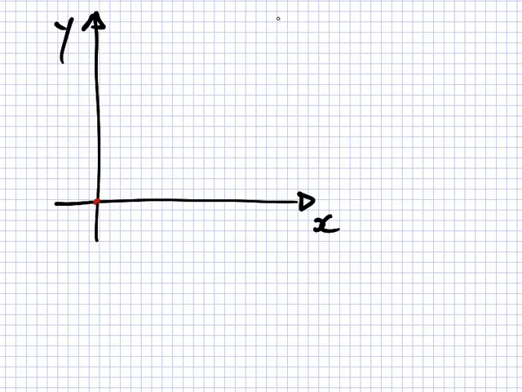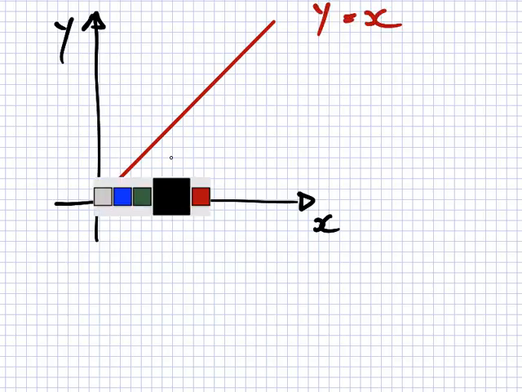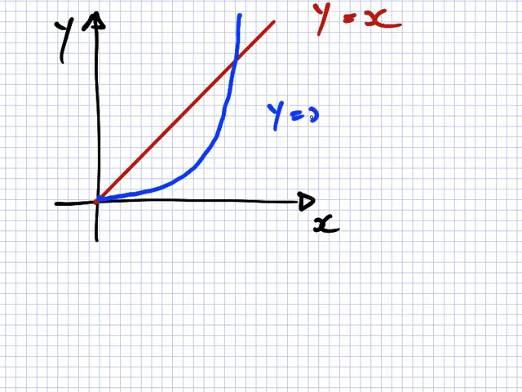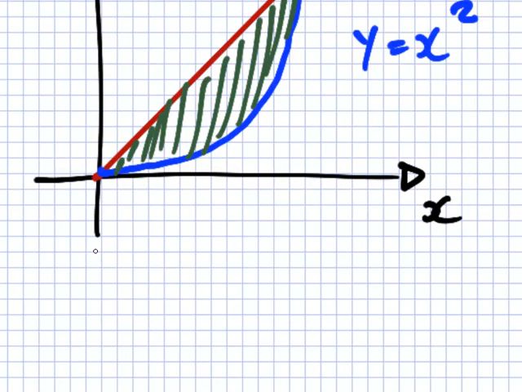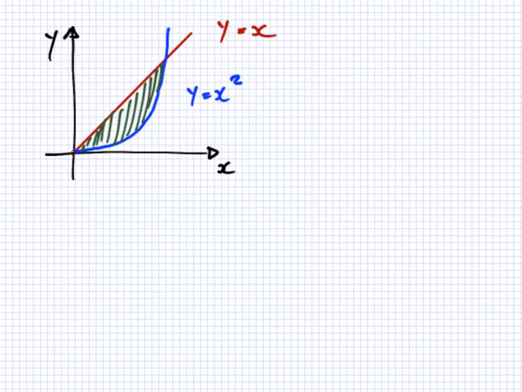This one here is y equals x, and this one here is y equals x squared, and I want this area. Okay, so the very first thing I want you to do is tell me what are the 2 points here and here. I just want the 2 points first.